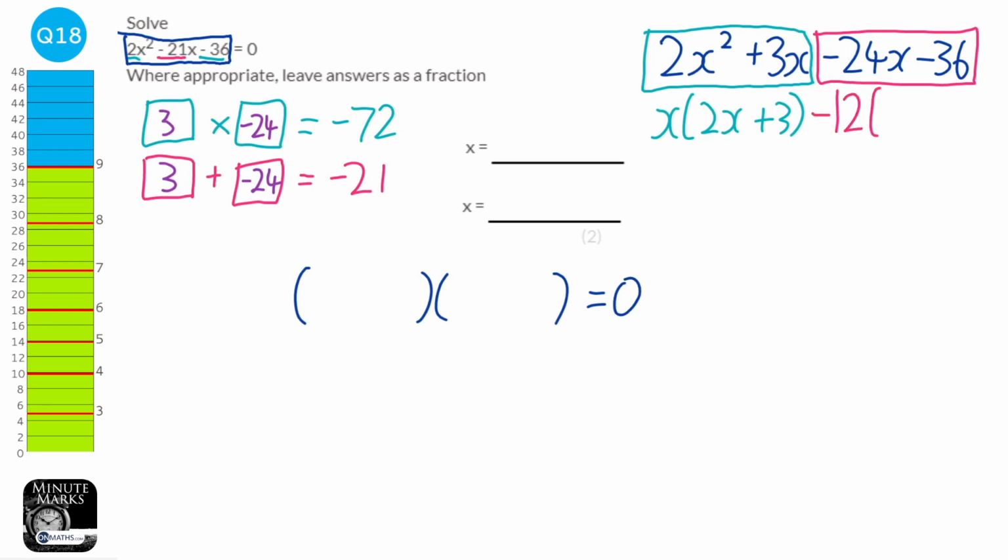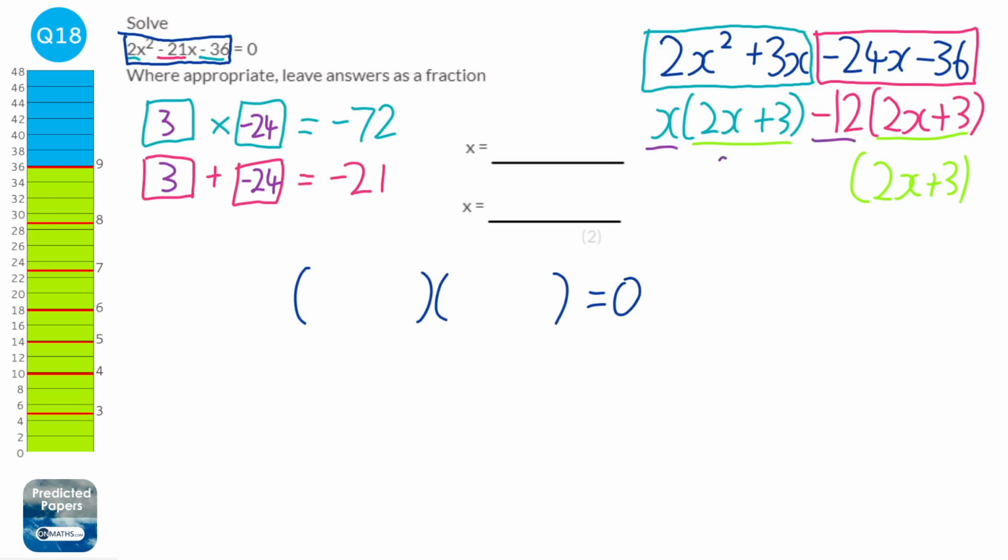And that's going to be 2x, and that's going to be a positive because it becomes a negative. Positive 3. The repeating bracket is one of our brackets. And then the bit left over, so the x minus 12 is our other bracket. So it's x minus 12 and 2x plus 3.